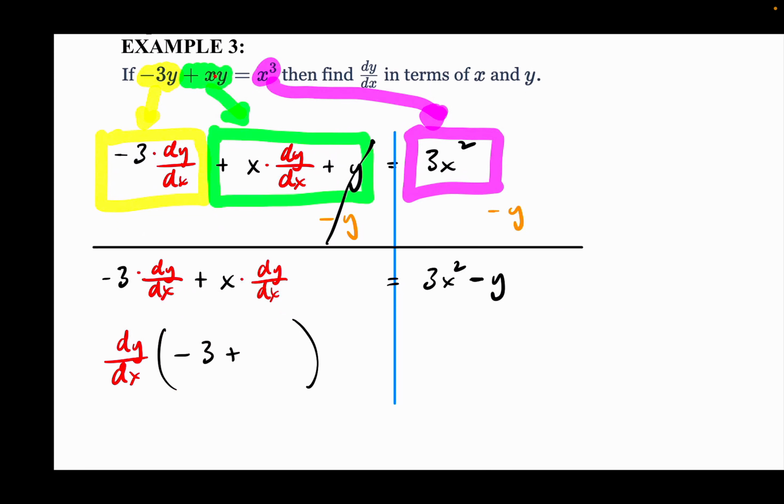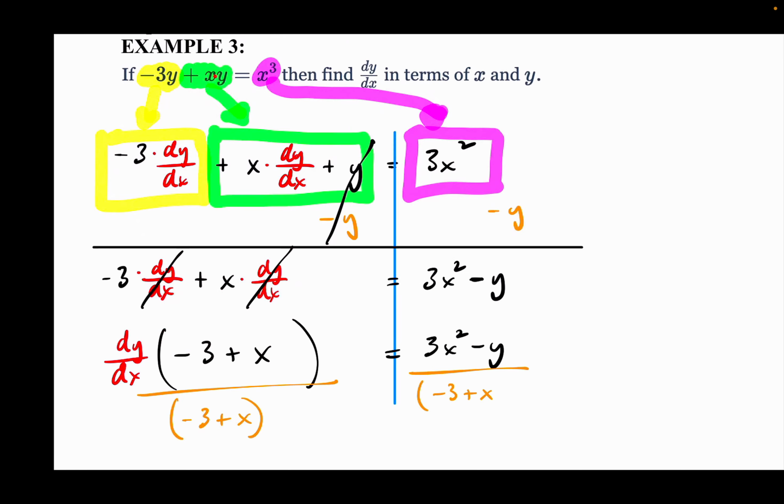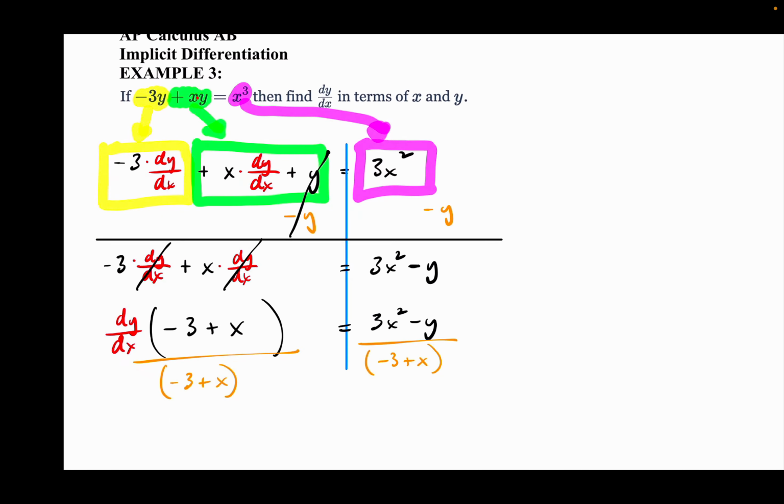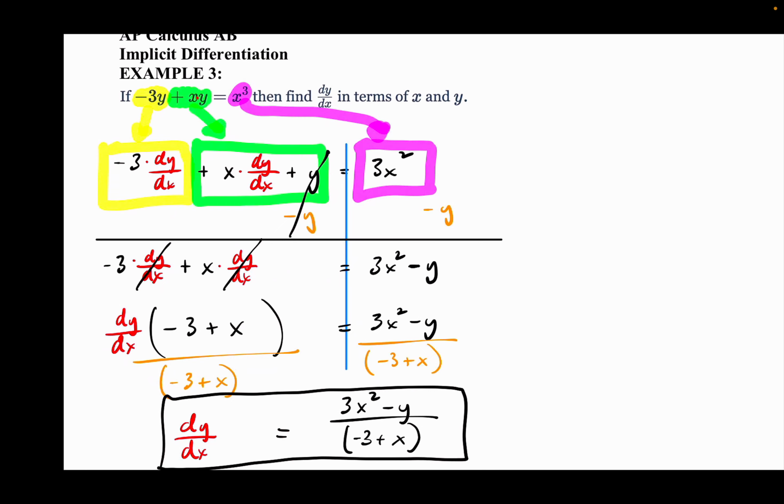That's -3 plus x, because once I take out the GCF, the leftovers are just -3 plus x. Divide by what you don't want to keep on this side. Done.